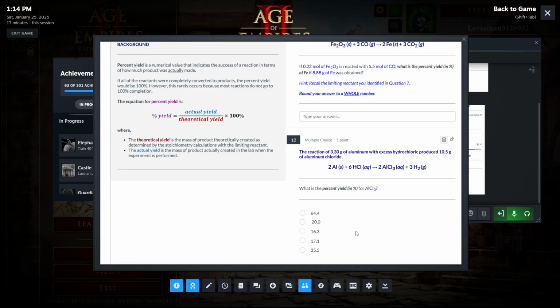Anytime it's an element, even if there's multiple of it, anytime an element's by itself, it's 0. So in the thing that you sent earlier, there's 2 Al, 2 aluminum, that's 0 because it's by itself. Over here there's 3 H2, that's also 0 because it's by itself. But HCl will have a different oxidation number, and AlCl3 will have a different oxidation number. Anytime an element's by itself, no matter what the superscript, subscript, any of that stuff, it's always 0.